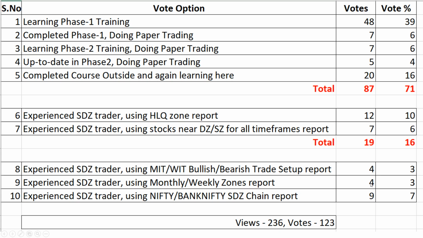The remaining are a small number, but they are very powerful reports, and many have not yet realized it. Maybe you are all still learning, and that could be one reason, but these are all people who already completed trainings everywhere outside, and they know the real value of these reports. Even then, I have some issues with these people also.